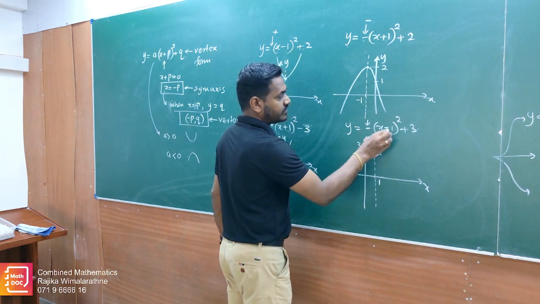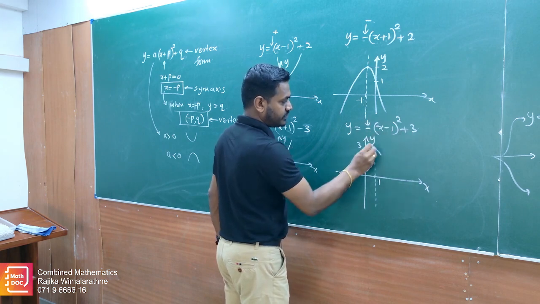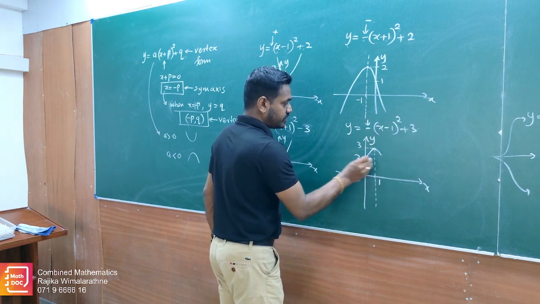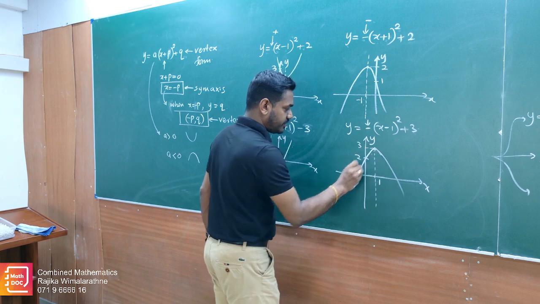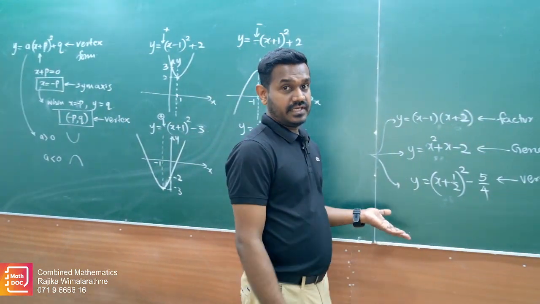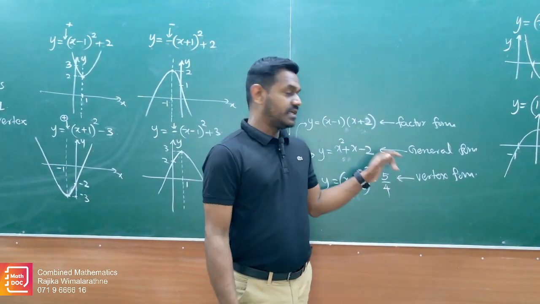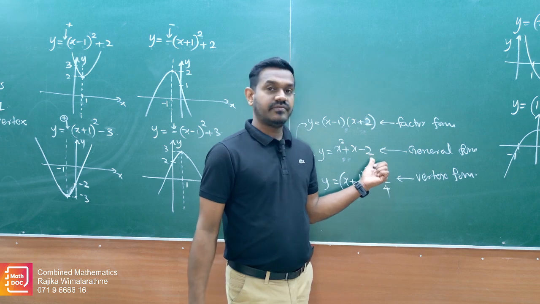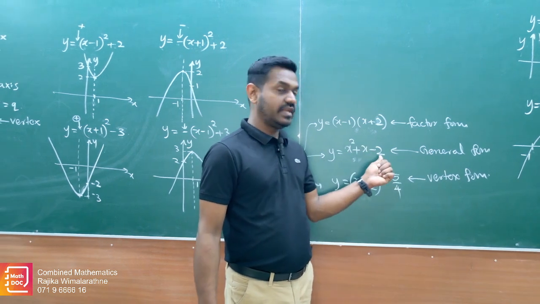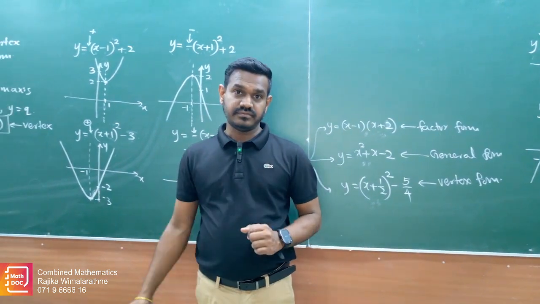Substitute x equals 0: minus (0 minus 1) squared is minus 1, plus 3 is 2. It passes through 2, a parabolic shape graph. Therefore, by factor form, you can find the x-intercept easily. By vertex form, you can find the vertex easily. By general form, you can easily get the y-intercept. When x is 0, the y value will be the constant. Likewise, you can sketch graphs.